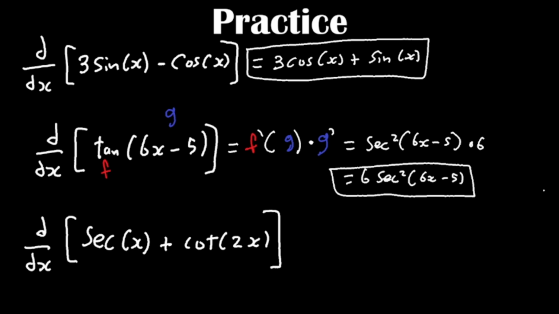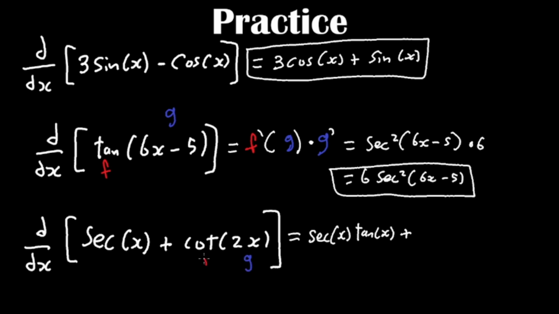For the second one, let's split this up. So the derivative of secant, we know that is tangent times secant, or secant times tangent. So this is secant x tangent of x plus, now the derivative of cotangent is negative cosecant squared. But we have a chain rule. So our inside function is, let's call it g.